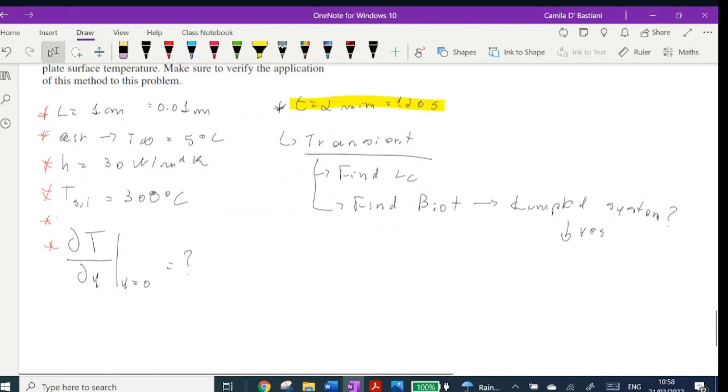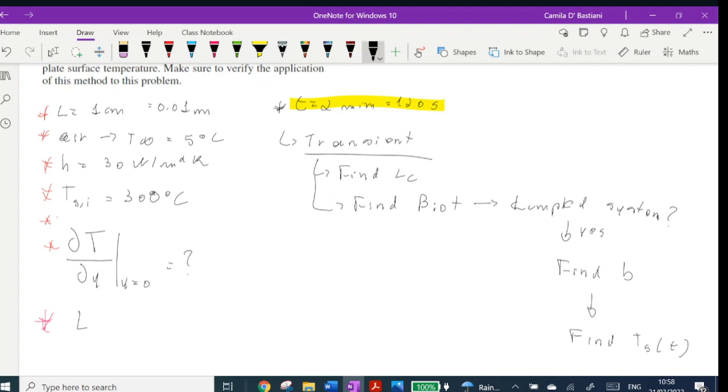If you can apply the lumped system, we find the value for the time constant and whatever else we need to do in the lumped system application. In this case, we're going to find, first of all, my temperature at the surface after 2 minutes. So if there is any mention of change of time, immediately you go into transient mode. Okay, I'm just going to do the characteristic length and the rest next week.